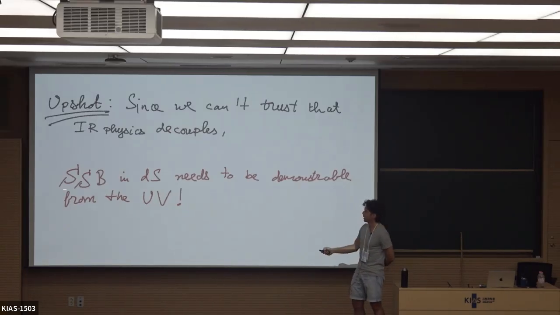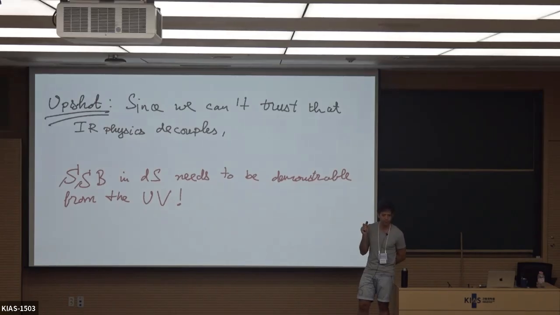Okay, so next I'm going to explain to you that we need to be very careful. I'm going to give you an example that very closely mimics the topological example from before, but in the next case we're going to work to show that spontaneous symmetry breaking can be demonstrated in a full UV theory where we have full control.